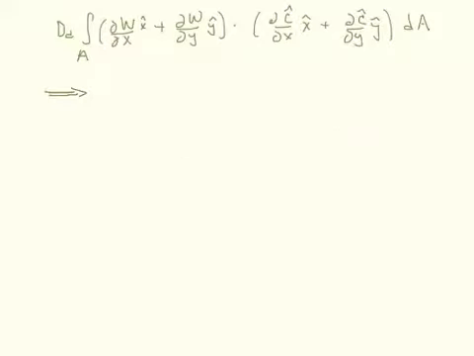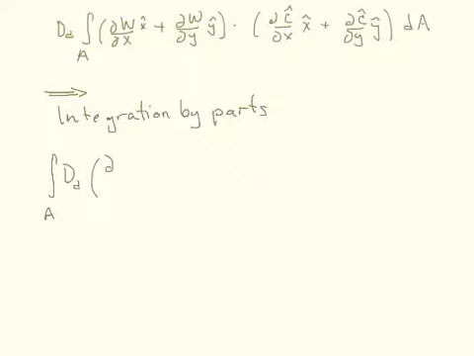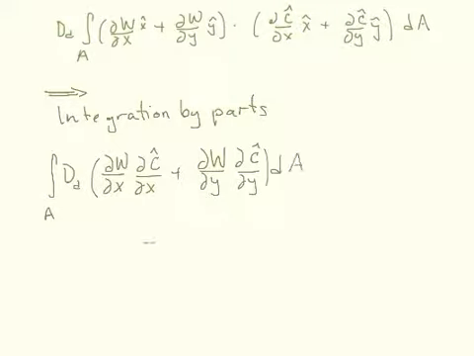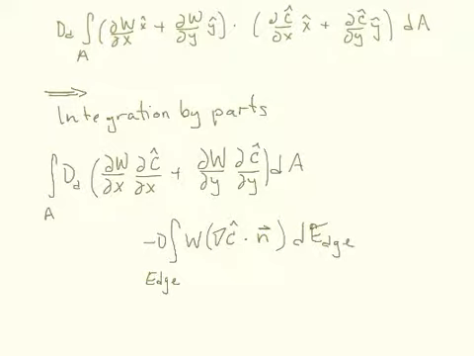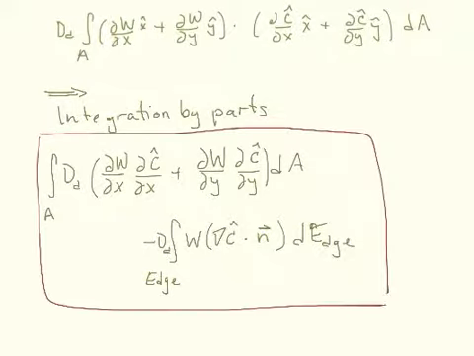Now do the dot product, and we will get an integration by parts result that looks like the integral over A, D sub d, our diffusion, times dw dx dc hat dx plus dw dy dc hat dy, d area, minus the integral across the edge of D sub d w del c hat dot n d edge. This is our result from the integration by parts.